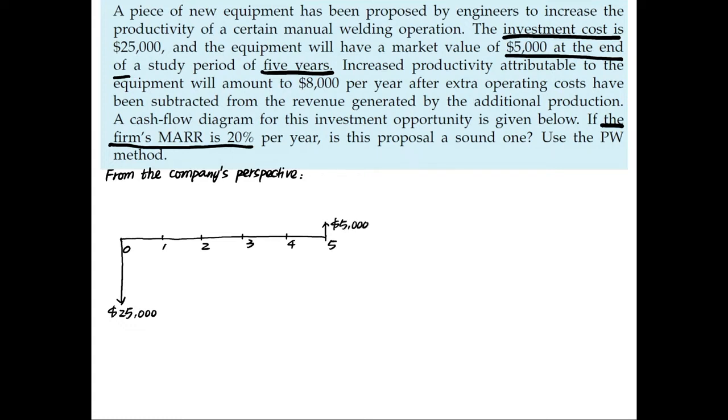That's your receiving. And every year you get a net receiving of 8,000, going upward.